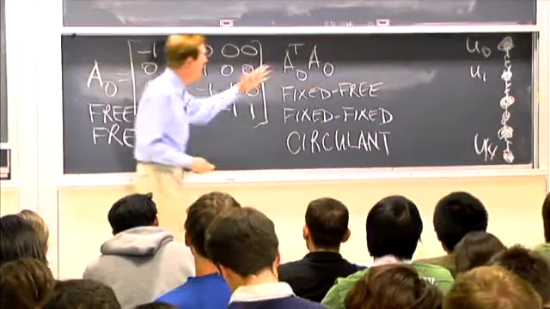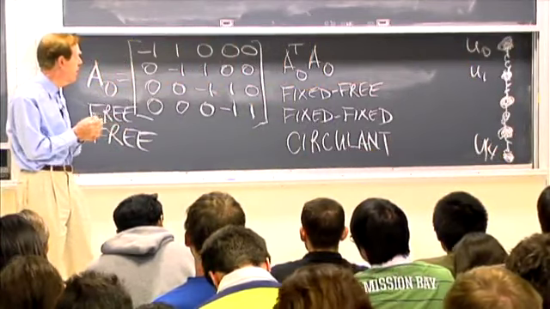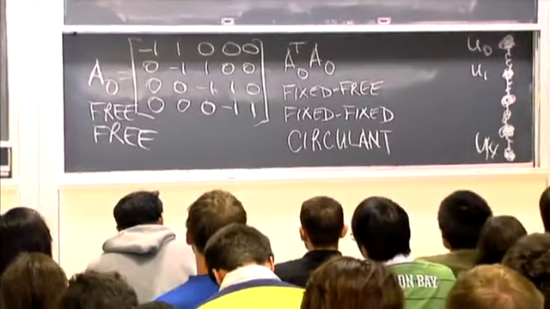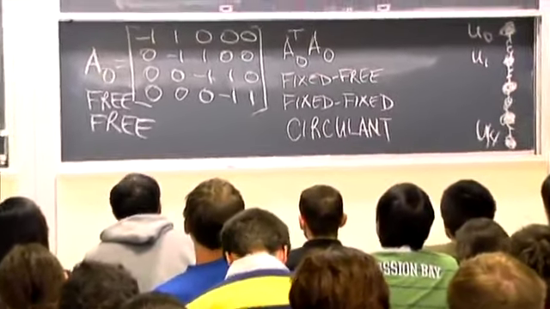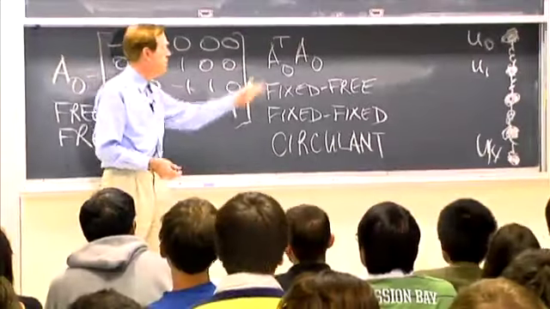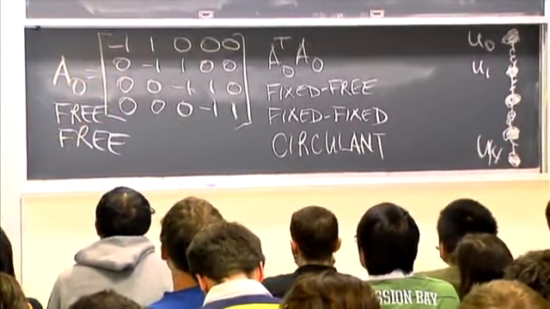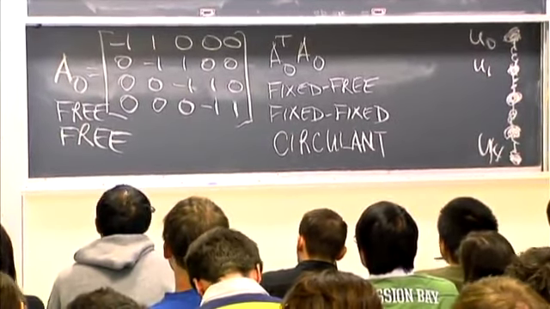If I take A naught transpose A naught, that would be the free matrix. What size would it be, and what matrix? A naught is a first difference matrix, so I'll get one of our second difference matrices. Which special one would it be?